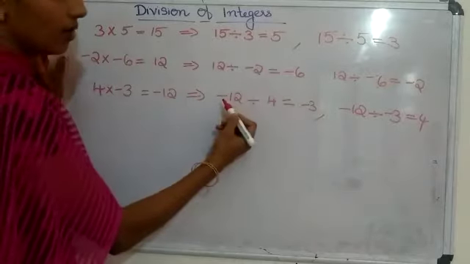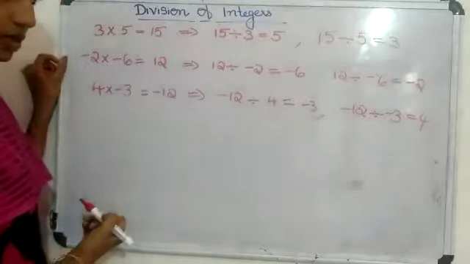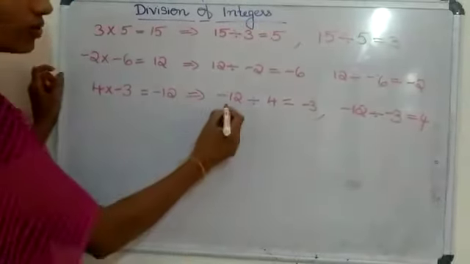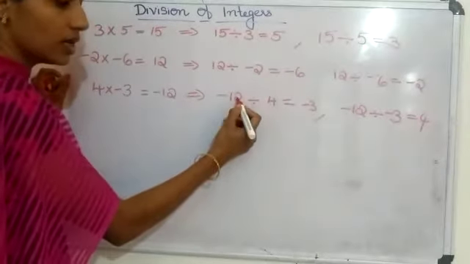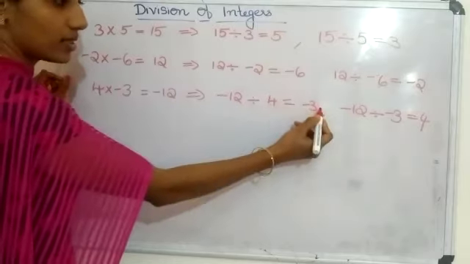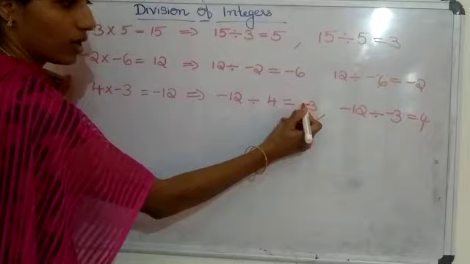Same way, when you are dividing a negative integer by a positive integer, what to do? You divide it as whole numbers. That means first you divide 12 and 4. 12 divided by 4 is 3. Then put the negative sign.